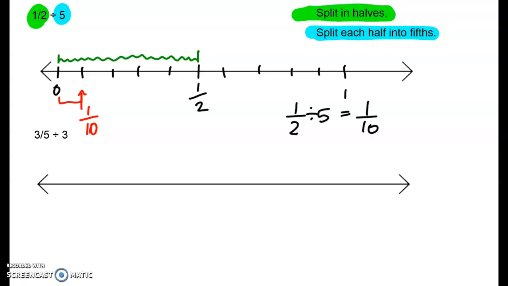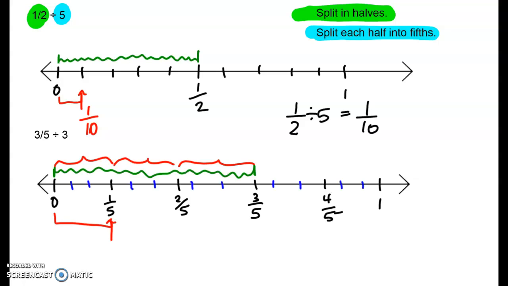Okay, give this one a whirl, and when you're ready to check the answer, press play. Pause it now. Okay, so I drew 1, and I divided 1 into 5 pieces, and you can see the green squiggle shows 3/5. Then I am dividing by 3, so I divided each fifth in thirds.